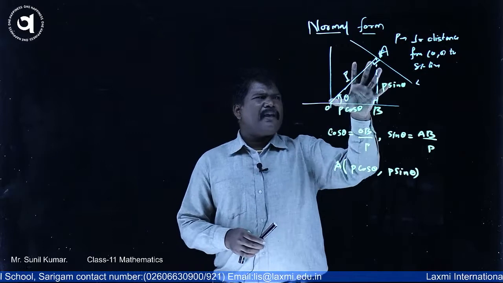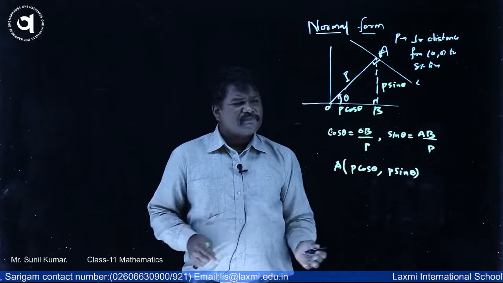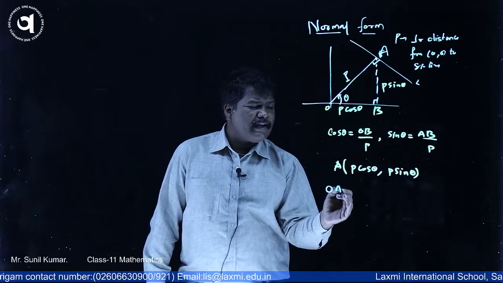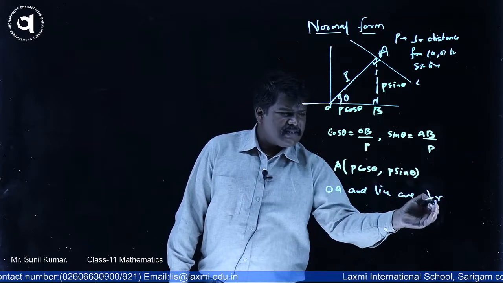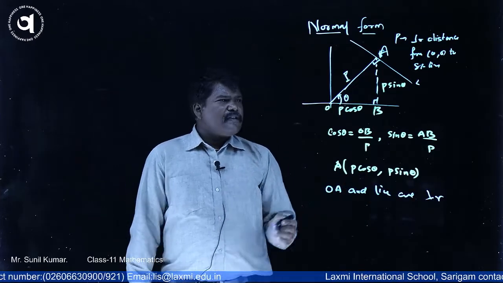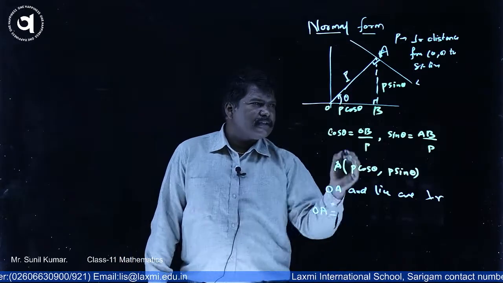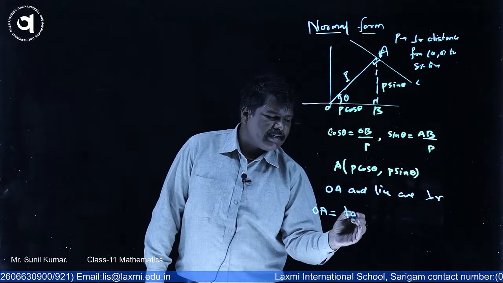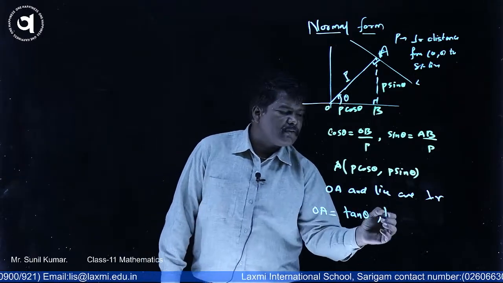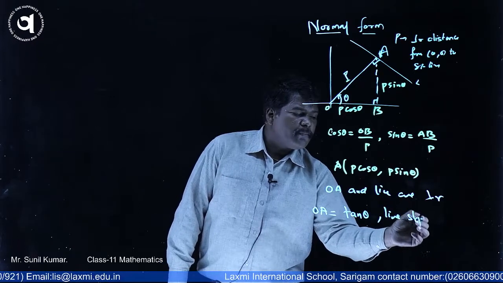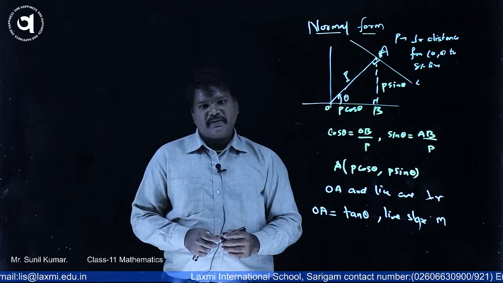Now, this OA and the line make how much angle? OA and the line are perpendicular, which means they make 90 degrees. Suppose the OA slope is tan theta, and the line slope, which I don't know yet, let me take as M. Can we find the line slope?